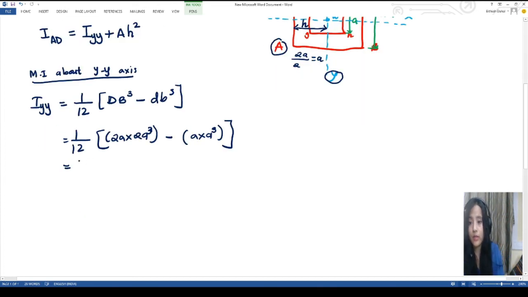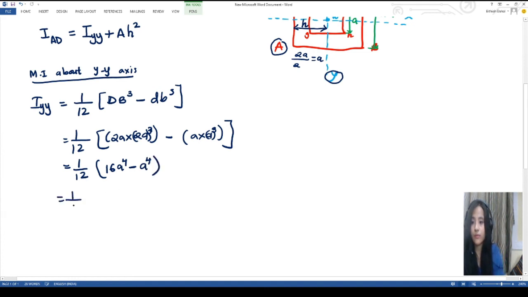We'll be getting 1 by 12 and this is whole cube, okay, whole cube. So 2 cube will be 8, 8 into 2 will be 16. So I get 16, and a cube into a will be a raised to power 4 minus a cube into a will be a raised to power 4, right?